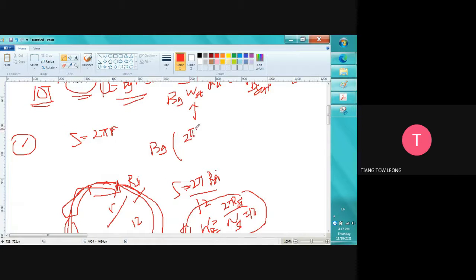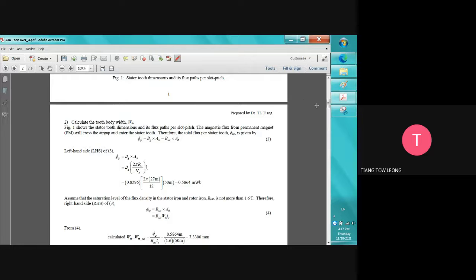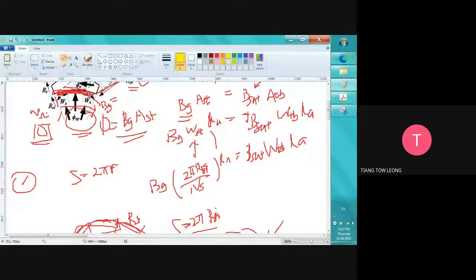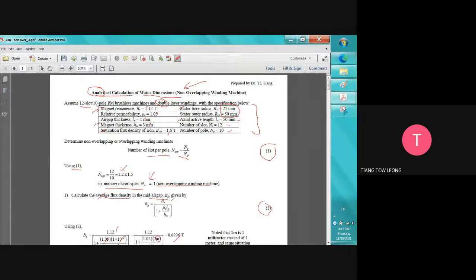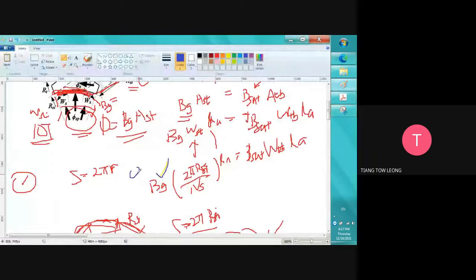WST is 2 pi RSI divided by the number of slots, as according to here. And then we copy down BG times WST times LA equals B set times WTB times LA. So from the given values, BG we already calculated from equation number 2, which is 0.8296. 2 pi is calculated, number of slots given, which is 12.